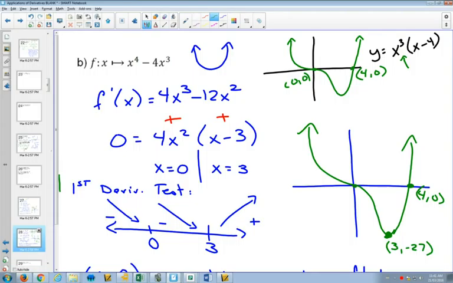Now with calculus, what we're able to see is that there's the bend because it's a stationary point of inflection. You still need the slope at that point to be 0, so that's why that bend has to be there. We also were able to find how far down this went. Last year when you graphed, you didn't have to worry about how far it went. You just knew that it would have to go through that point again.